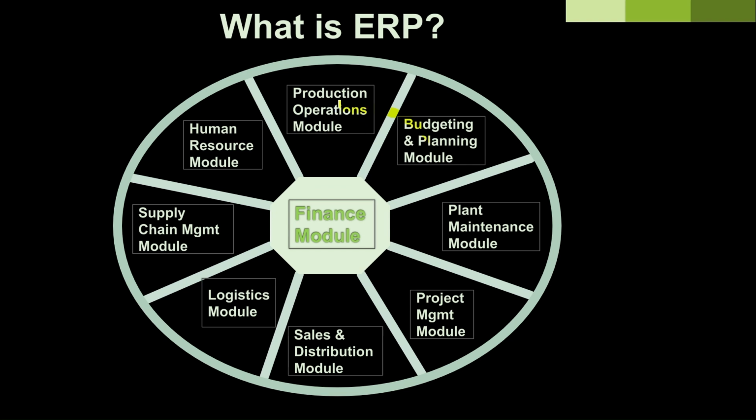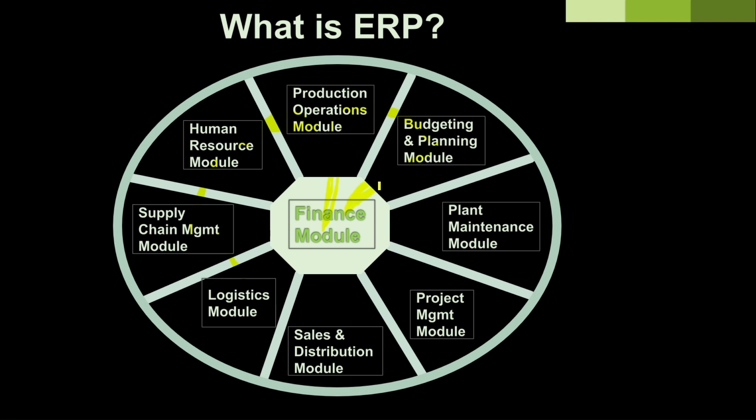So there will be integration between the production operations module and the budgeting and planning module, and so with the human resource module, the supply chain module, logistics, and so forth. So there is integration between the modules, and then there is integration with finance.